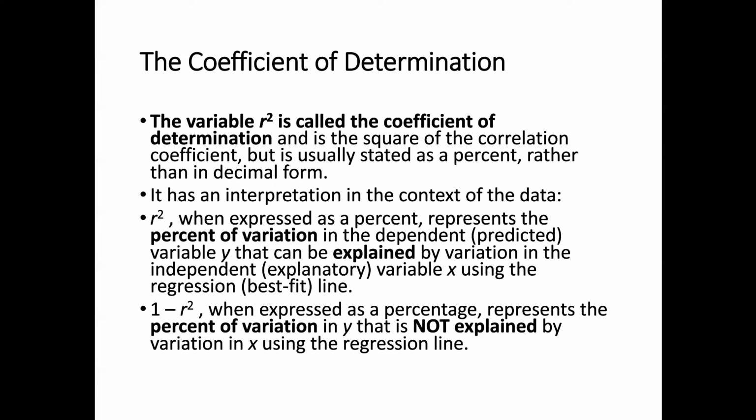The data that you collect and the predicted value of y from your regression equation are not going to be the same thing unless your correlation is perfect. Even if your R is 1 or -1, you may get some variation in the difference between your predicted y value, what your regression line predicts, and what you actually collected.